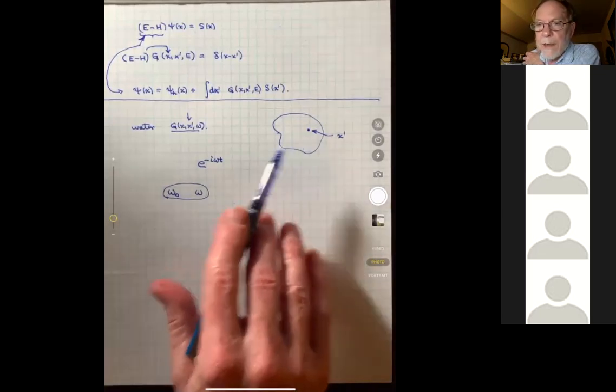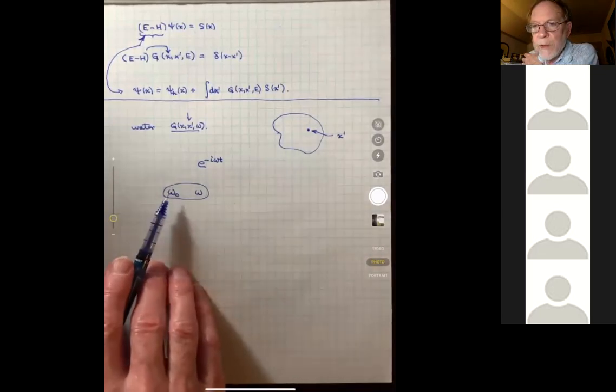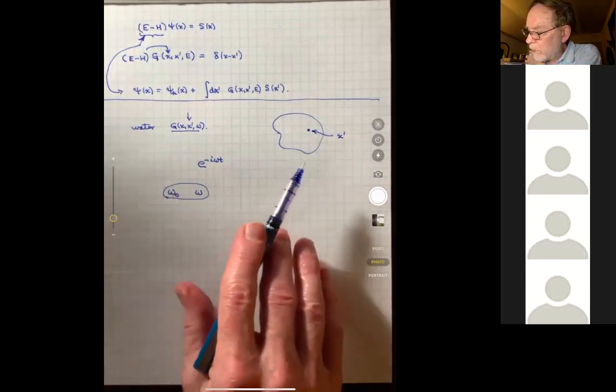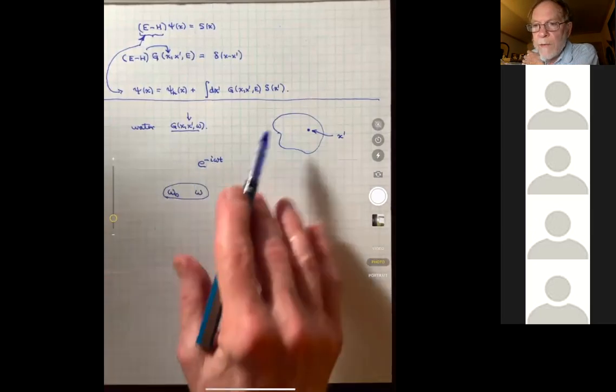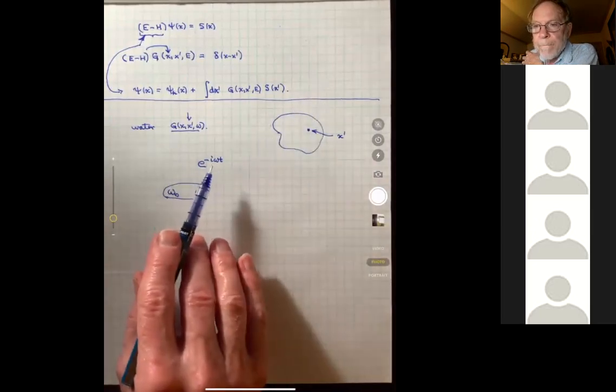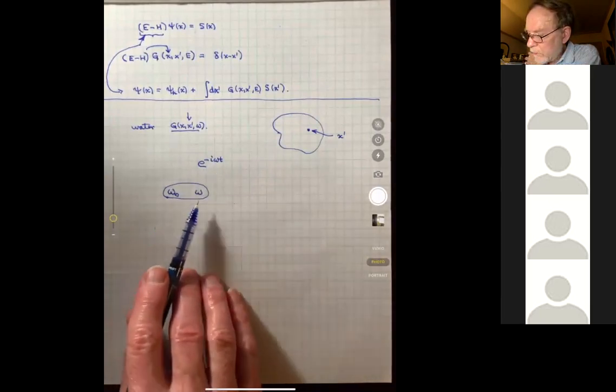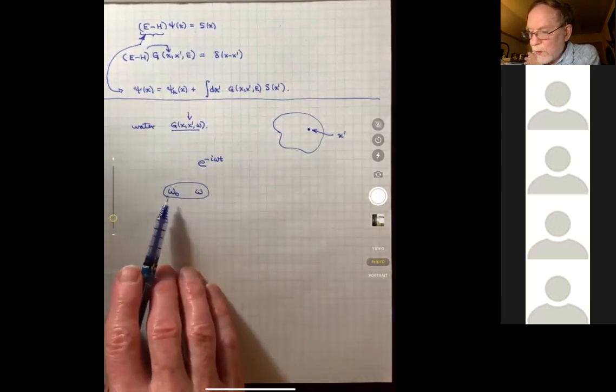Well, the lake is like that, except it's got not just one normal mode, but an infinite number of them. But the basic idea is that when you start driving it at t equals 0 at a frequency omega, and these waves form and so on, you're going to get a response of the lake, part of which is at the driving frequency omega, and part of which is linear combinations of the normal modes.